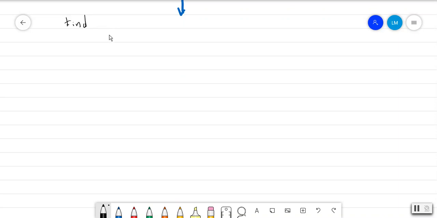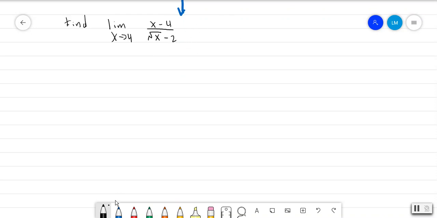So let's say that we have the limit as x approaches 4 of x minus 4 divided by the square root of x minus 2.